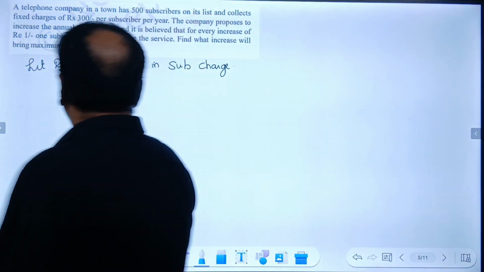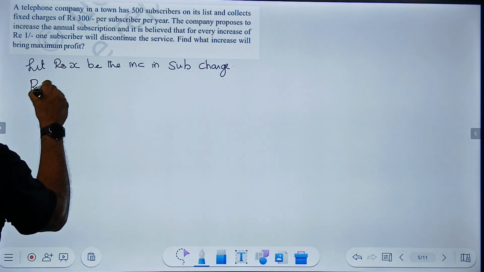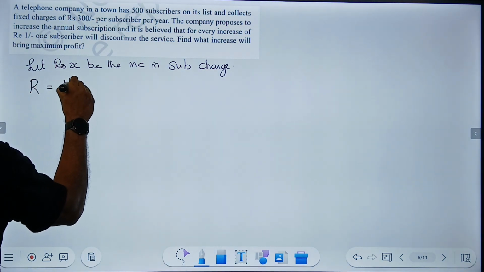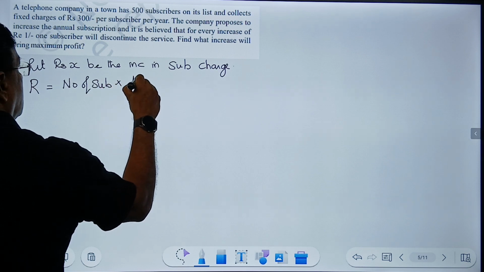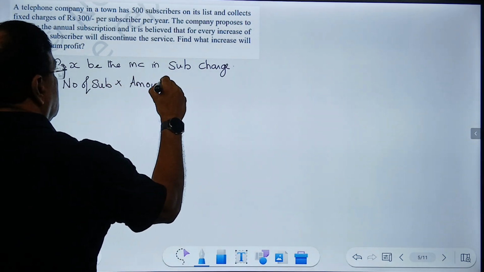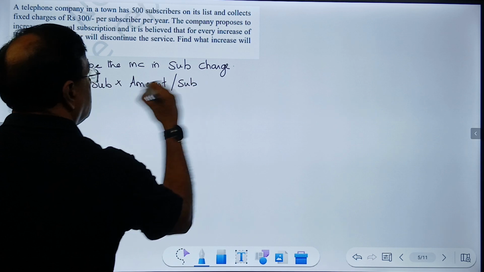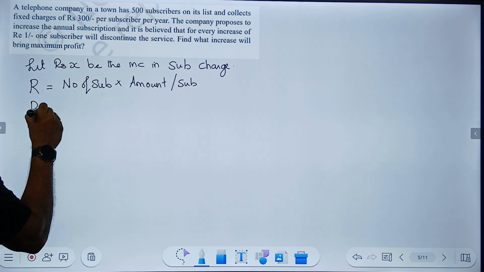So what is my revenue? My revenue is actually the number of subscribers times the amount per subscriber, correct? What is the number of subscribers?